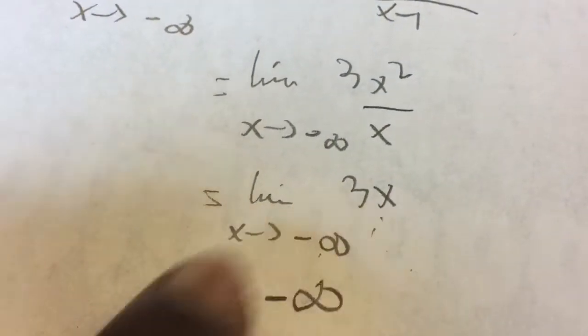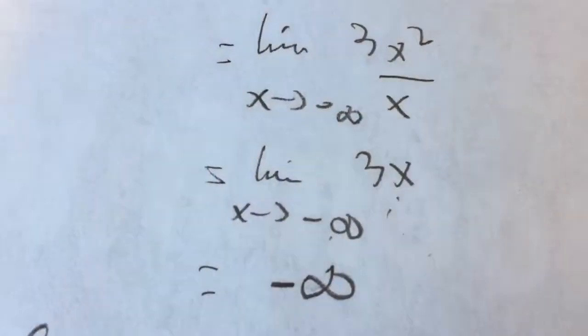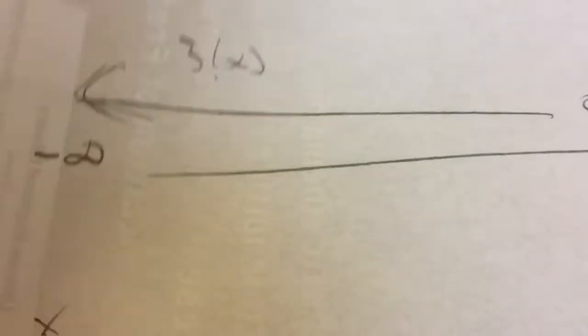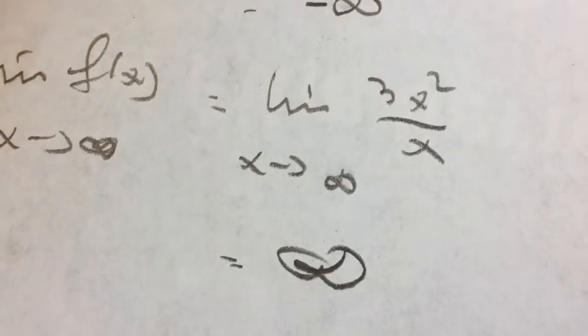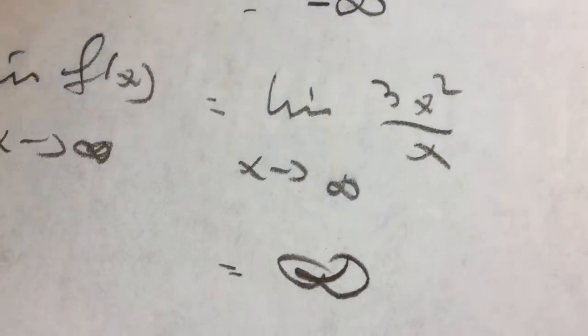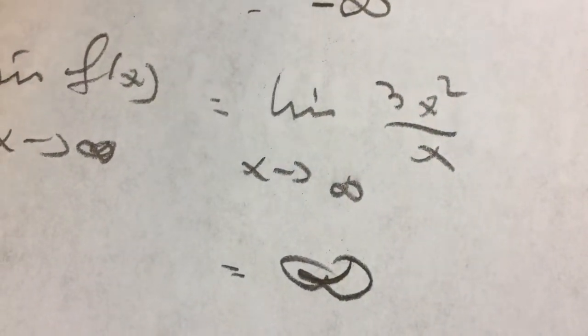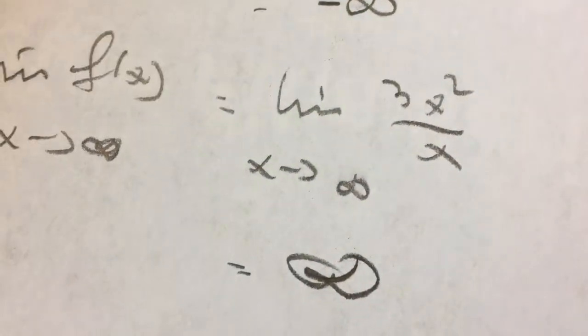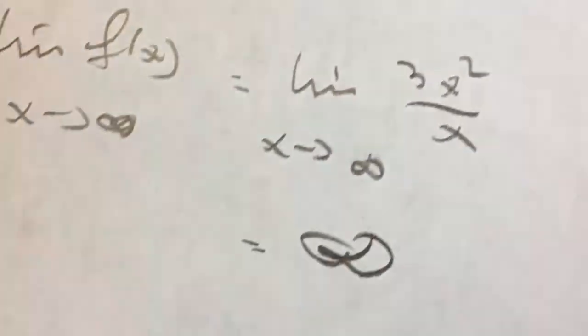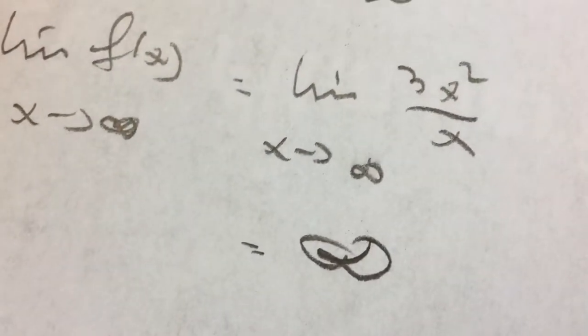So 3x squared over x, we get to this point. As x approaches negative infinity, the term is going to go to negative infinity. Same thing with the positive side. So this is how you find the limit: you take the highest degree in the numerator and the highest degree in the denominator, and then you find the limit of the function as x goes from negative infinity to positive infinity.